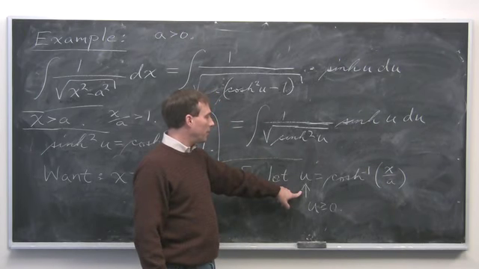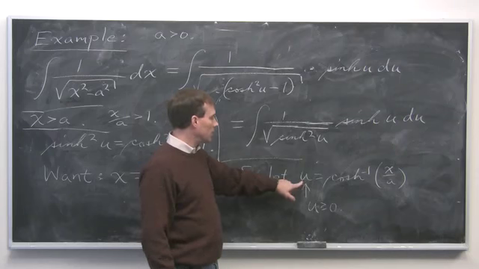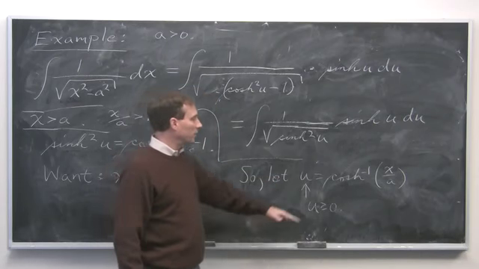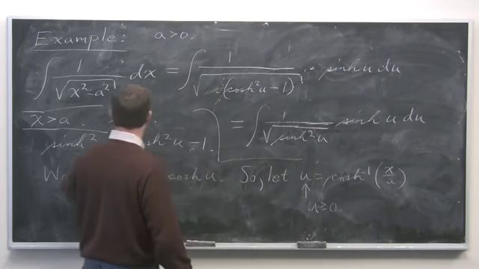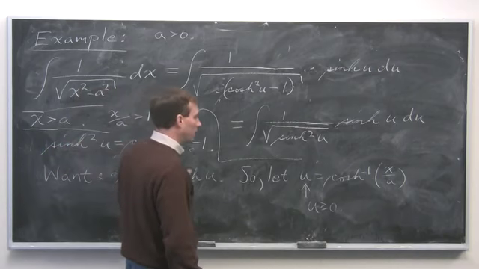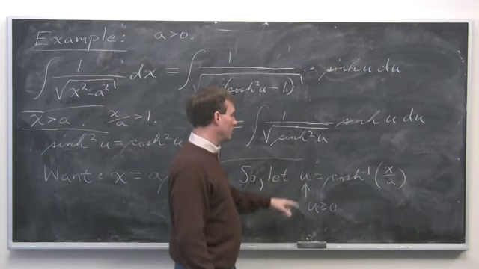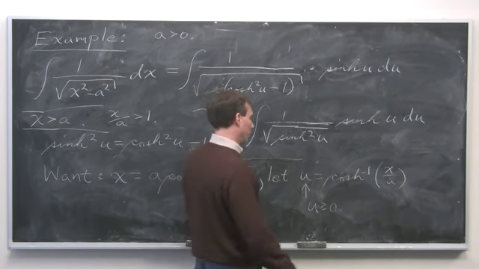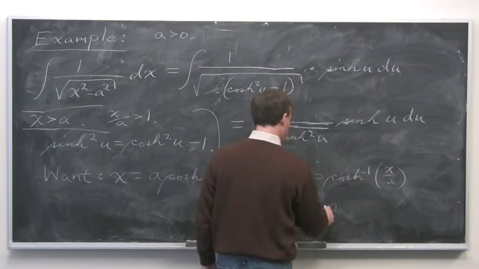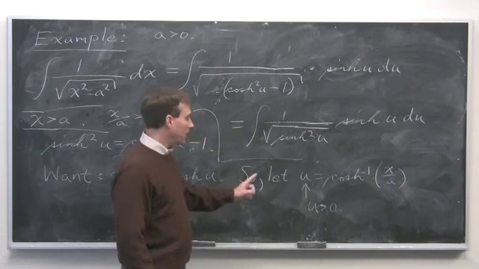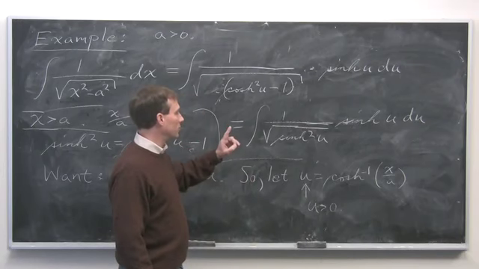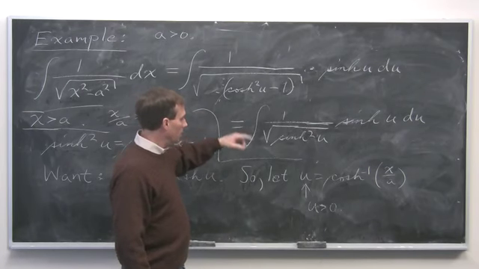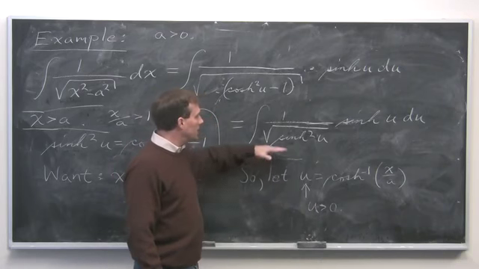Oh, but our u is positive. It's certainly greater than or equal to 0 because it's the inverse hyperbolic cosine of something, but we're not allowing x over a to be 1, which means we're also not allowing u to be 0. And we're not going to get back u as 0 because that's when hyperbolic cosine is 1. So in fact, we're assuming u is greater than 0 by letting u be this.